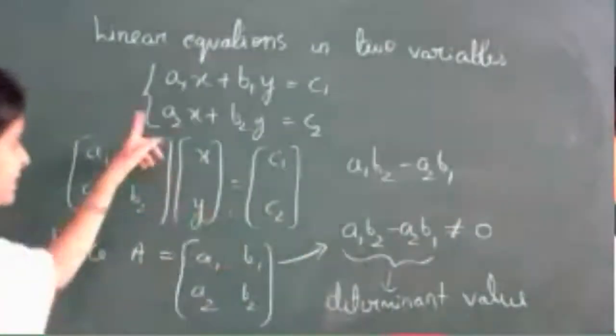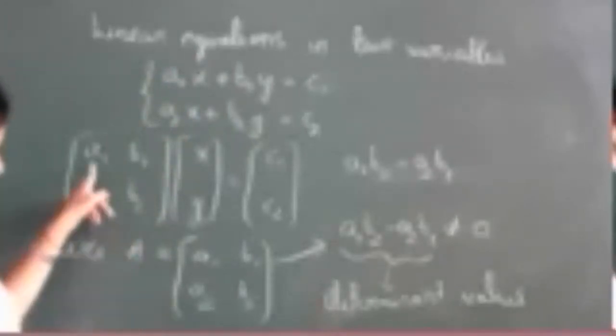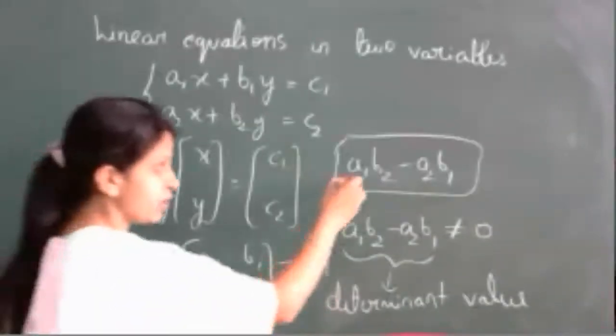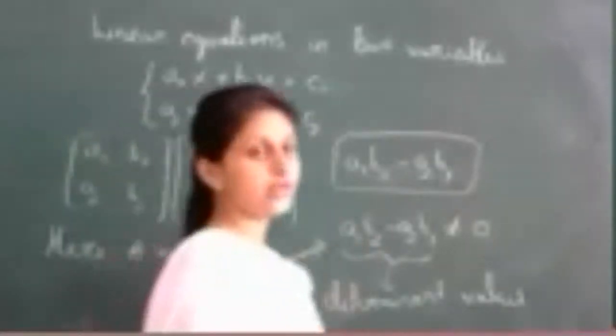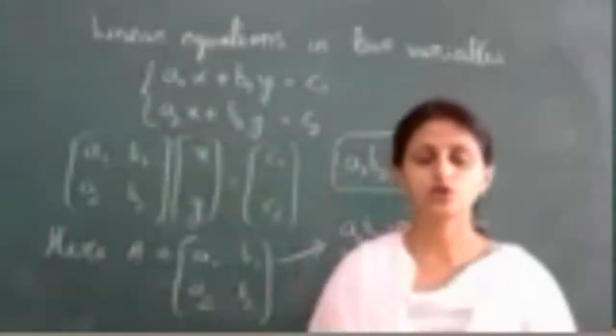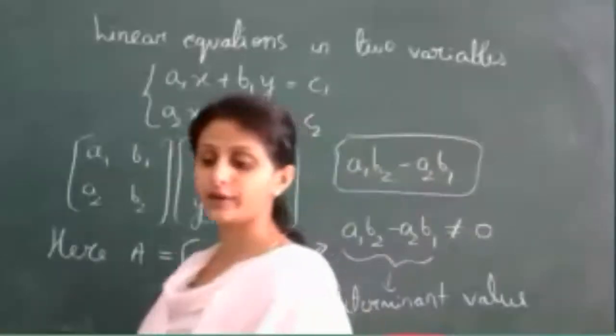Now if we write the system of linear equations in the form of matrices, my matrix A will be A1 B1, A2 B2. And from this matrix A, if we find A1 B2 minus A2 B1, and if this turns out to be not equal to 0, then what will you conclude? You will conclude that the system of linear equations will have a unique solution.